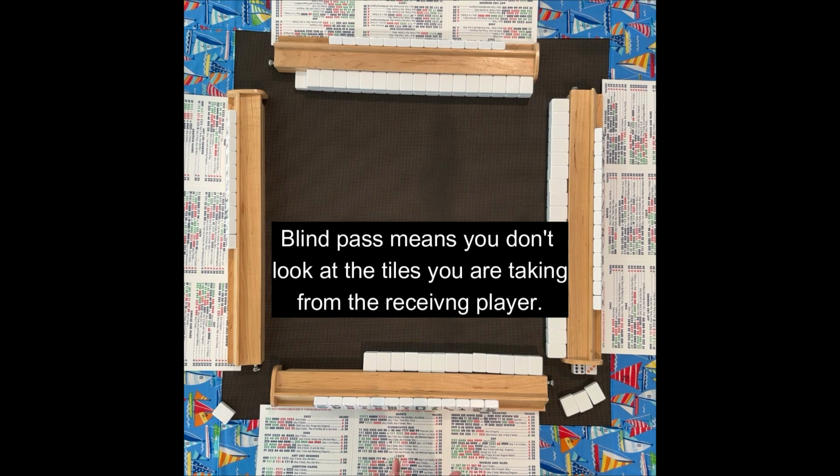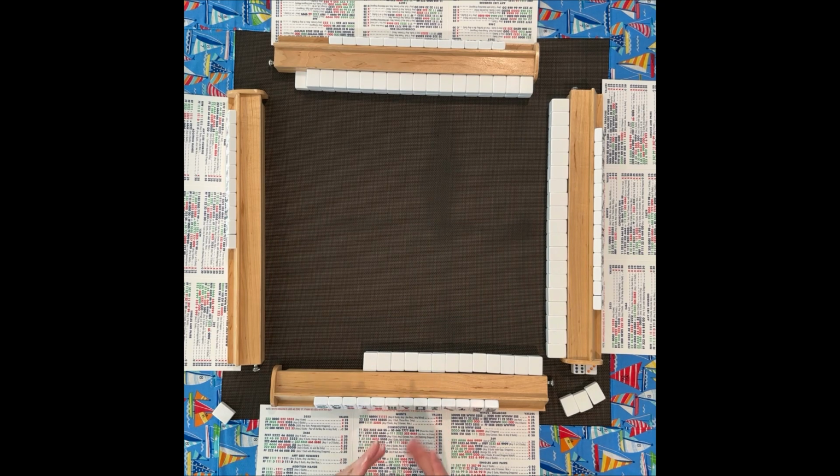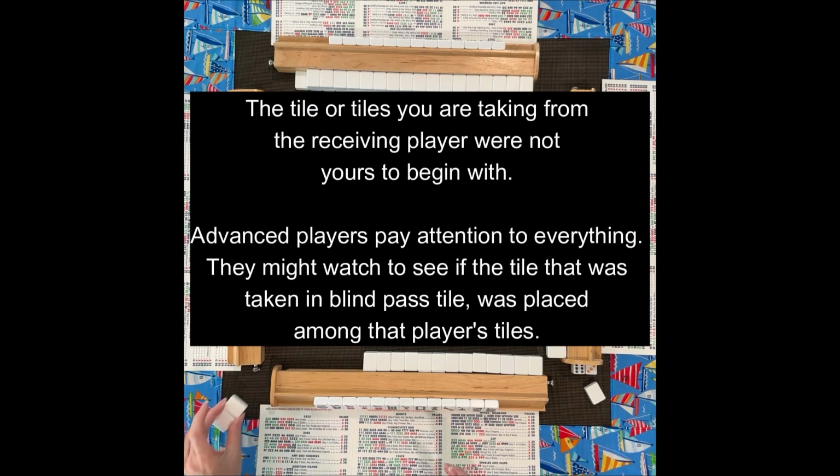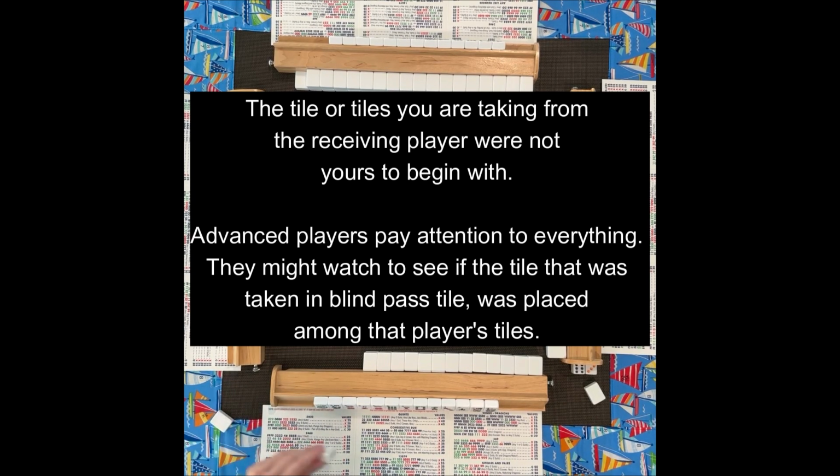Now, if you are wondering why you don't look at them, well, you don't look at them because these tiles that you've taken from this player were not your tiles to begin with. So if you peek at them, you're going to see the tiles that you're passing on. So you're going to know what the receiving player of your tiles is going to get in their hand.